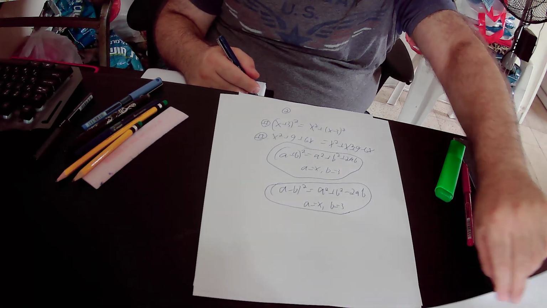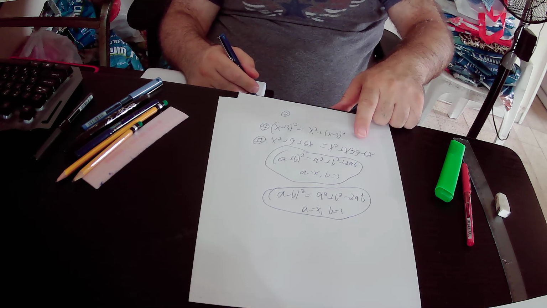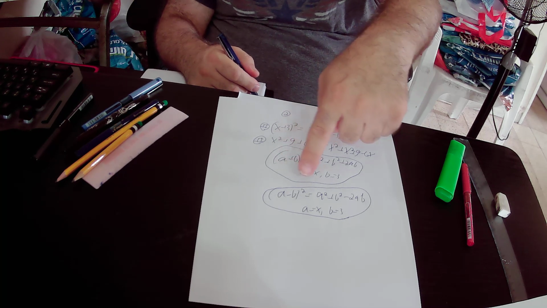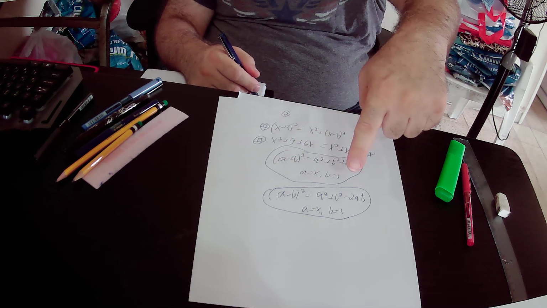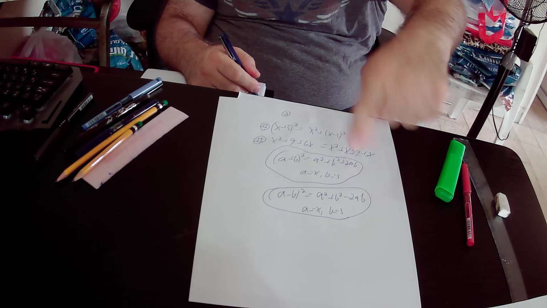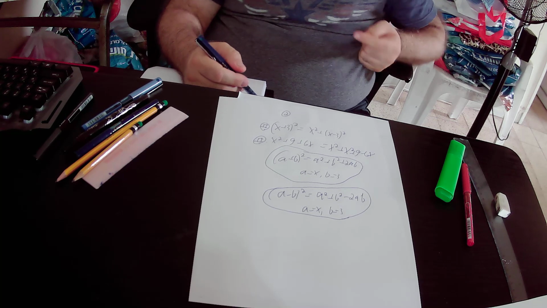And x minus 3 squared equals x squared plus 9 minus 6x, according to the formula that a minus b squared equals a squared plus b squared minus 2ab, when a equals x and b equals 3.